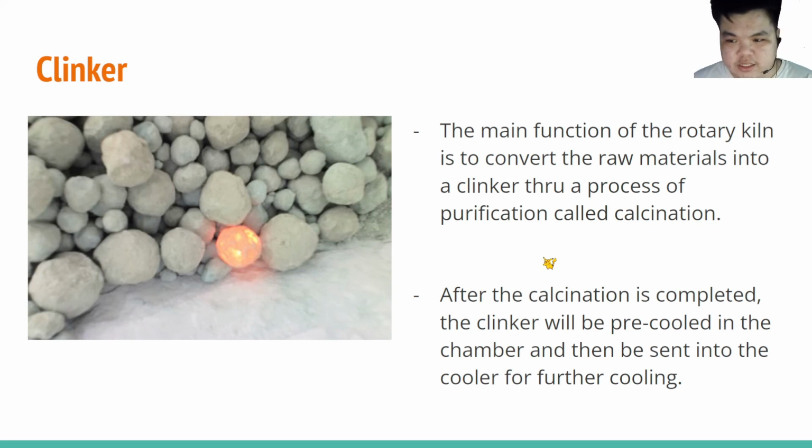Calcination is a thermal process which cleanses or purifies the raw materials coming from the input of the furnace. So as it reaches the end, it will become cleaner and produce a clinker.